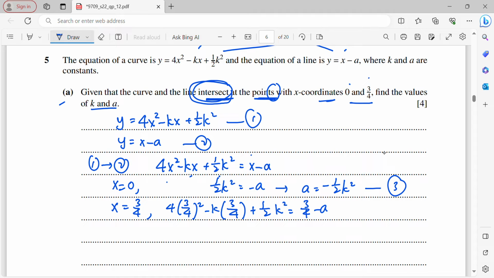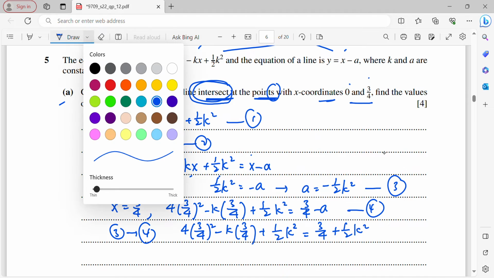I will just rewrite, because I want to count all at the same time. This is going to be 3 over 4 minus, minus is a plus, half k squared.